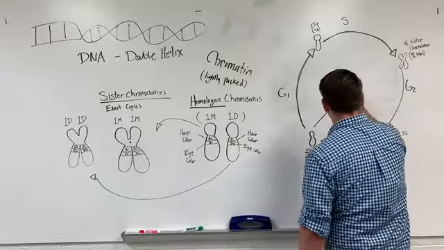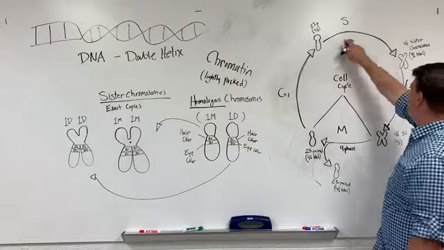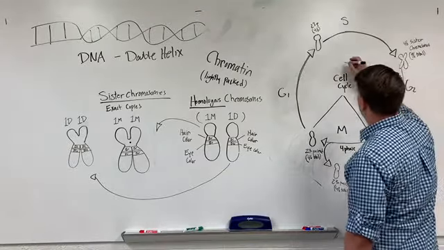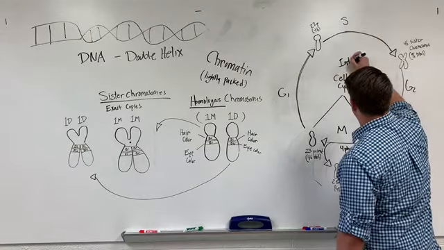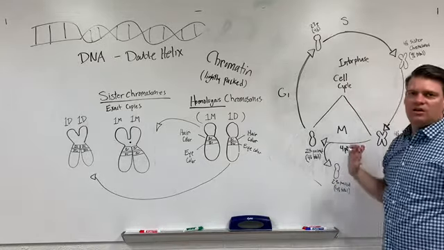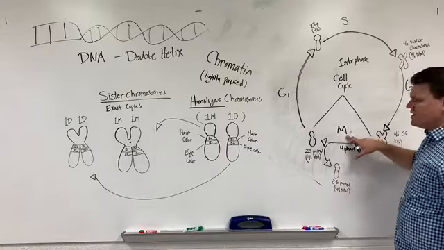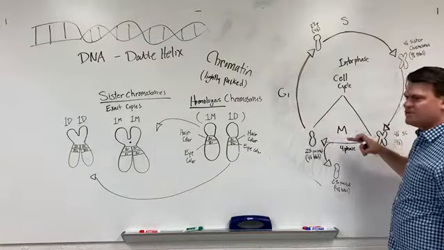Now, when we break this up, we call the G1, S, and G2 phase interphase, or pretty much just the regular life of the cell. And then the M phase, which is still the mitotic phase, right? Mitosis.